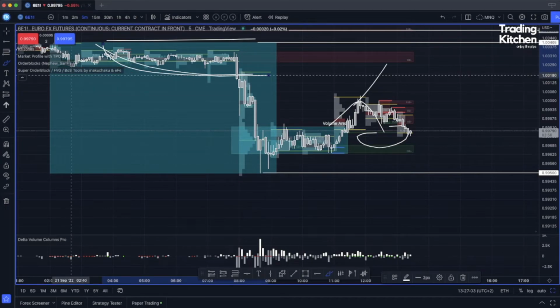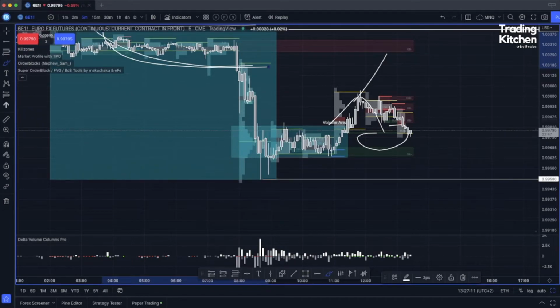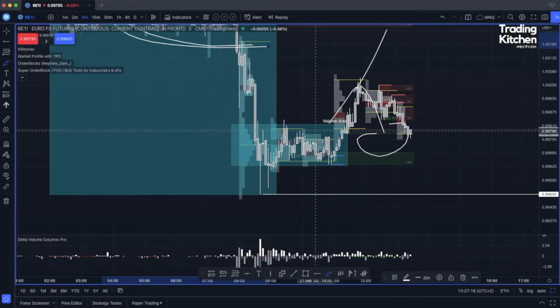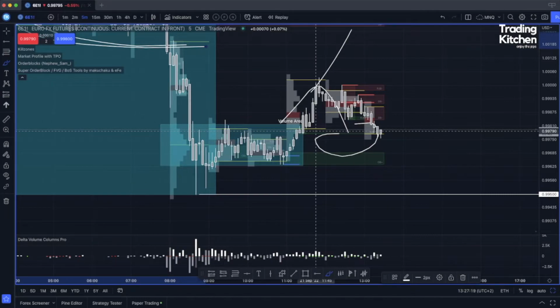Well, the other two indicators, to be honest, are not so useful to me because I'm used to highlighting the zones with my naked eye, but they could be useful to you.